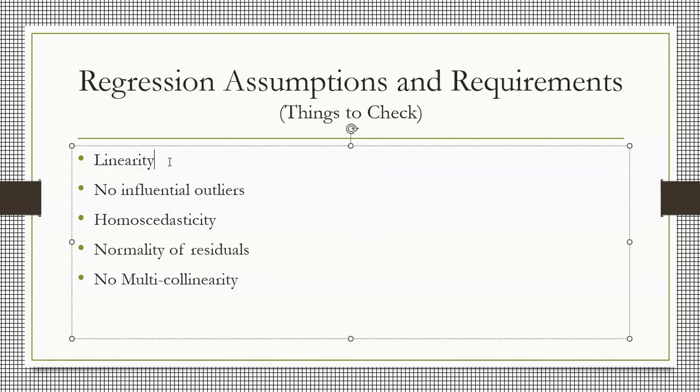The relationship between any x and the y is linear. Essentially what it means is that there are constant relationships. It doesn't matter what value x is or what value the other x is, there's always a constant relationship between a particular x and y, no matter what the values of anything else are in the equation. The other thing we want to make sure of is no influential outliers.